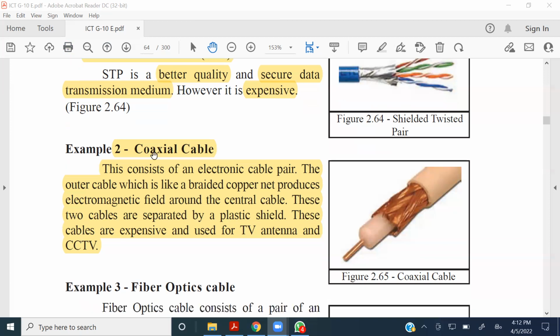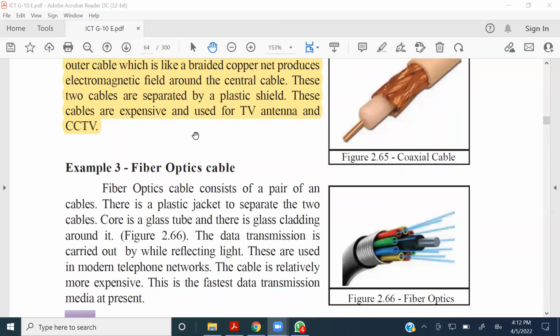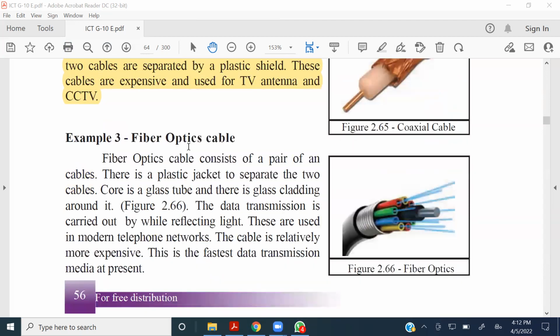Okay, so moving forward, the final one, the fiber optics. So the third one, fiber optic cables.